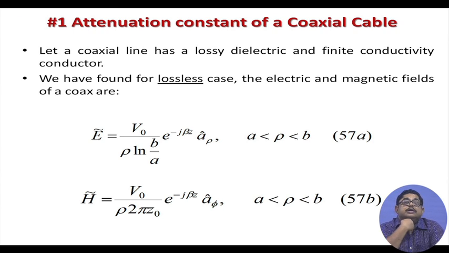The technique to attack this problem is that we assume that when the materials are not perfect, the lossless case field distribution and this lossy case field distribution are still not much different.